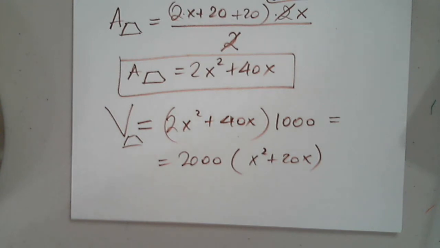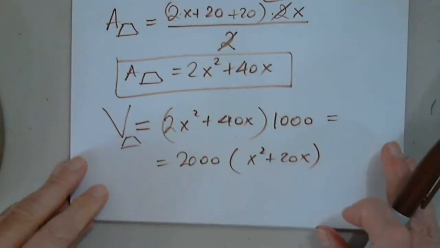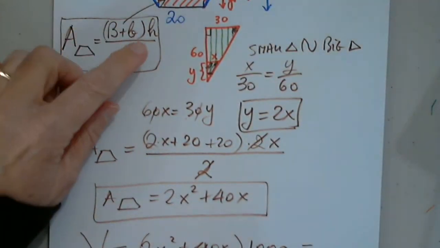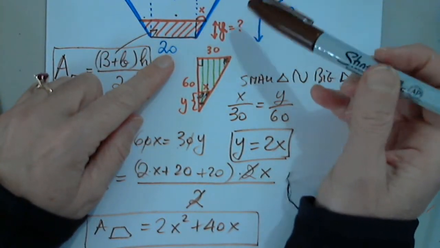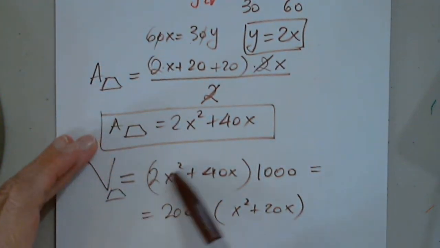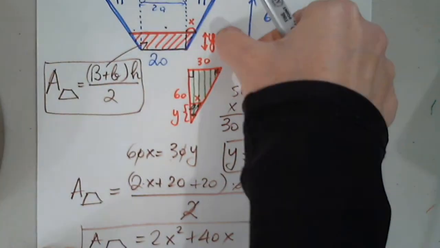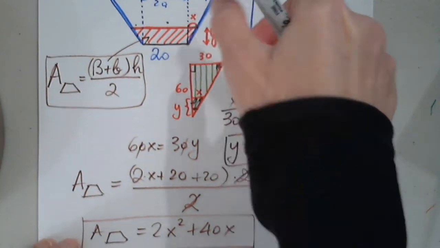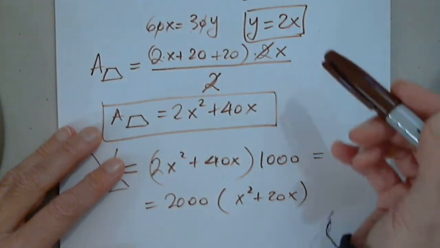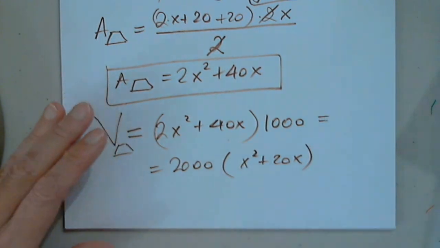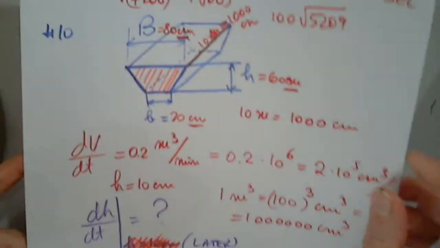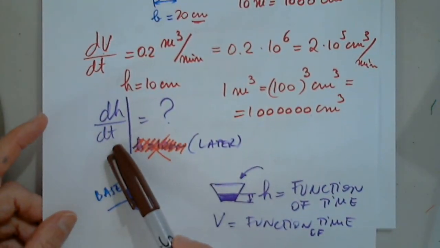Okay, so one little thing before we start differentiating. I really want the formula to be a function of y. I don't want it to be a function of x. Not a problem. I'll replace it by y over 2 because I'm asked to find dh over dt.